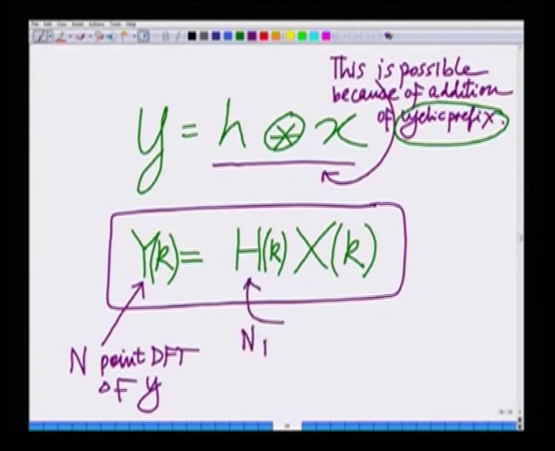This is the endpoint DFT of h, after zero padding. Of course, that is assumed, that is implicit. Let me write that clearly, because after zero padding it has only h0 up to hl minus 1.